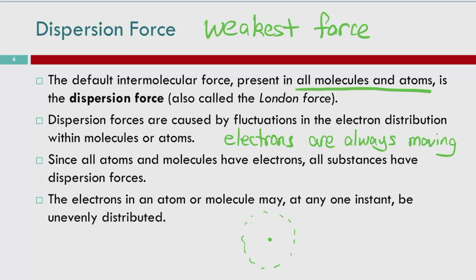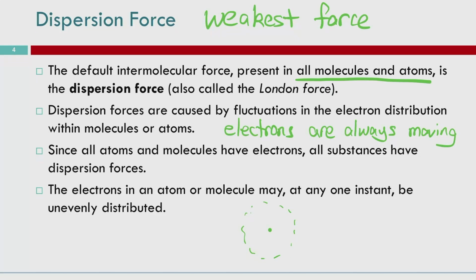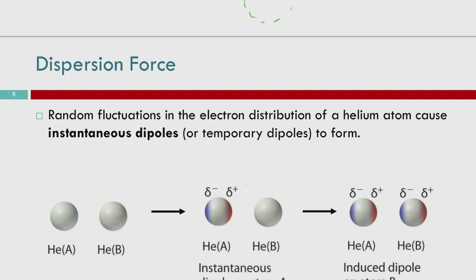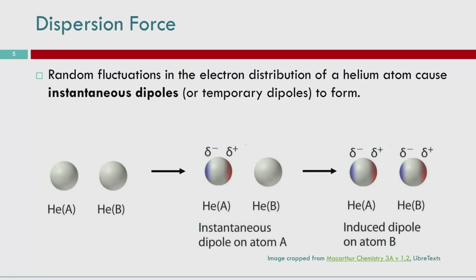And that jumping around of the electrons might cause there to be more electrons on one side of the atom versus the other. So we'll get a partial negative versus a partial positive. We'll see pictures of that on the next slide. But the idea is that for a moment, just a moment, there could be a fluctuation of electrons that causes us to have partial positive, partial negative.